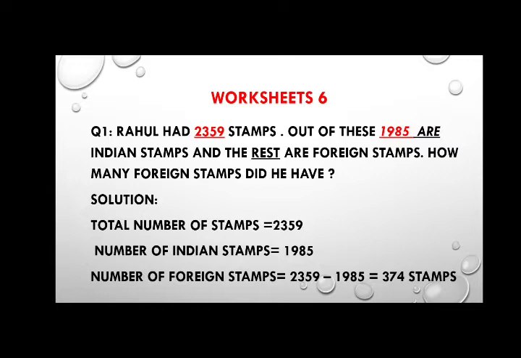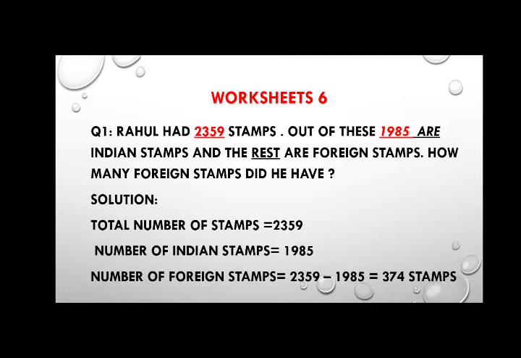So, what is the question about? Read the statement carefully. How many stamps does Rahul have? 2359. So, for the solution, the first statement of ours is: total number of stamps is equal to 2359. Next, how many of them are Indian stamps? The number of Indian stamps is equal to 1985.